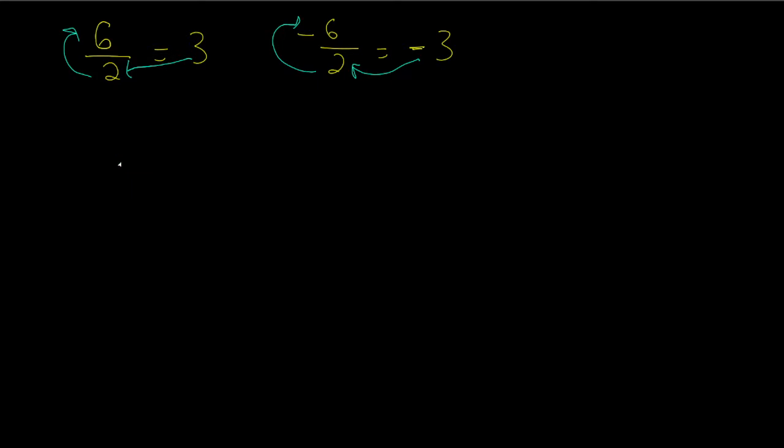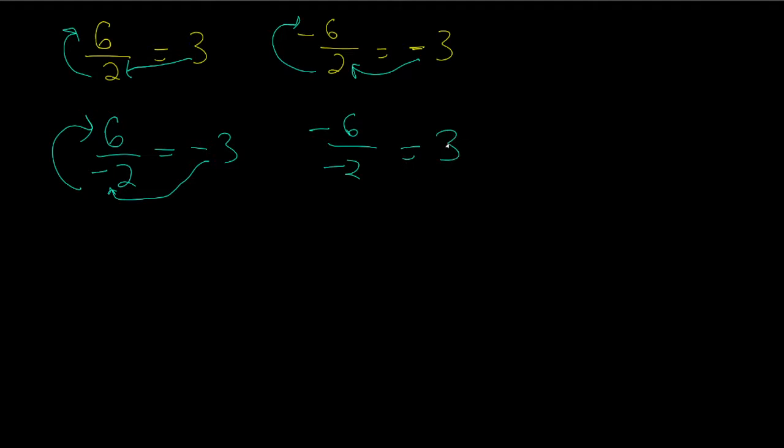And so also, 6 divided by negative 2 equals negative 3. If we go backwards, a negative times a negative gives me a positive. And negative 6 divided by negative 2 equals 3.